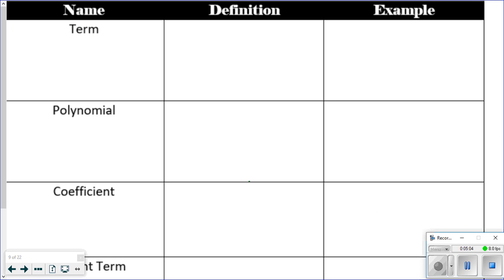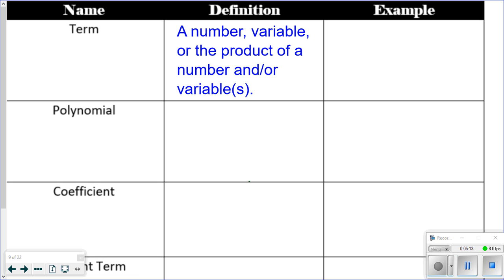So on our note sheet, we are going to fill in what a term is. So the definition straight from your book: a term is a number, a variable, or the product of a number and or variables. So some examples, a number, so I'm going to write 5, or we could also have a negative number that happens to be a decimal, so negative 1.78.